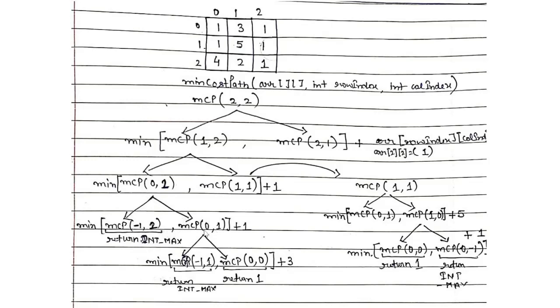My answer would be dependent on only the answer to MCP 0 1, because again there is no row above this 2 such that I can come down to this cell over here. I would be recursing for both the cases, but my answer would be dependent on only MCP 0 1, because whatever the answer to the other might be, it would always be less than or equal to int max, and hence I need to recurse only for MCP 0 1.